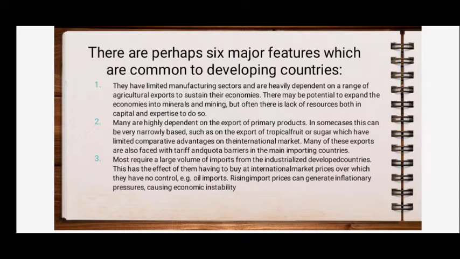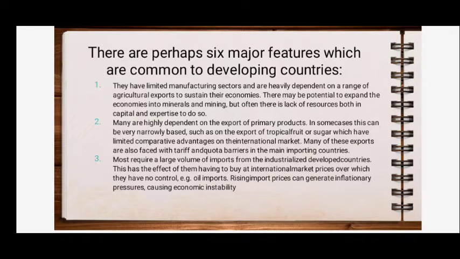Many are highly dependent on the export of primary products. In some cases, this can be very narrowly based, such as on export of tropical fruit or sugar, which have a limited comparative advantage on the international market. Many of these exports are also faced with tariff and quota barriers in the main importing countries.